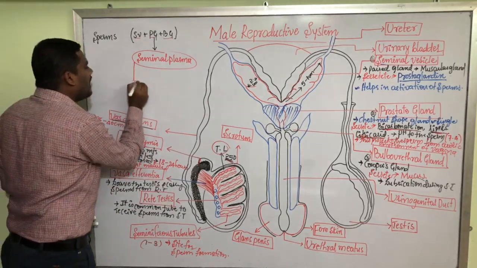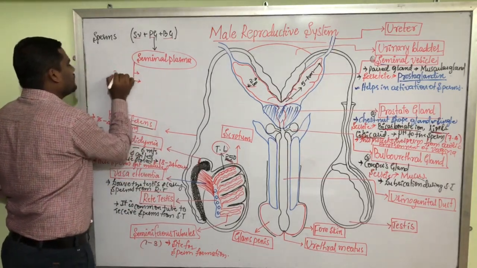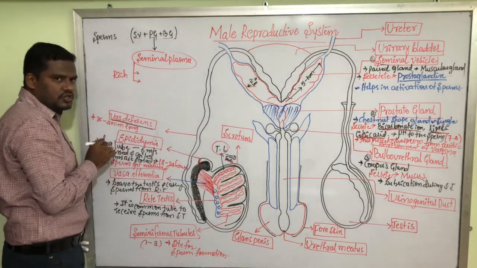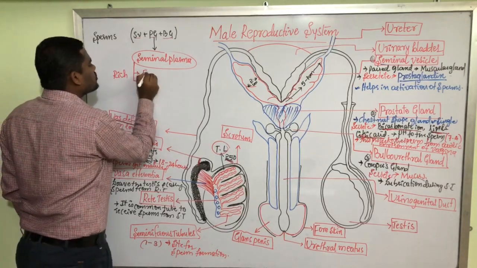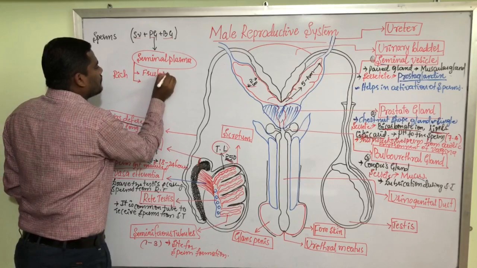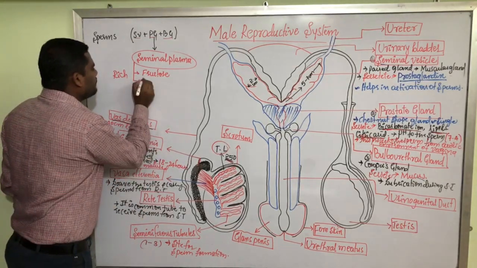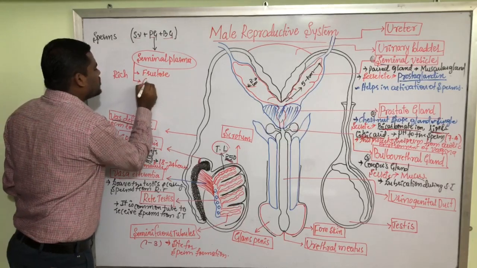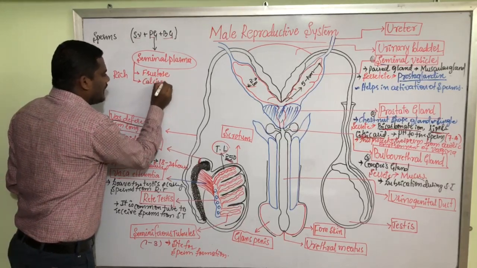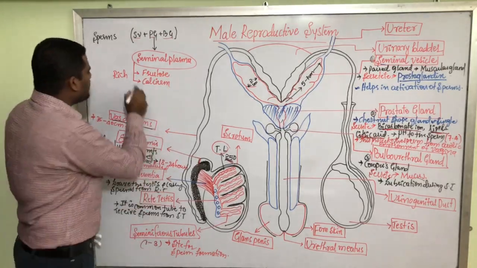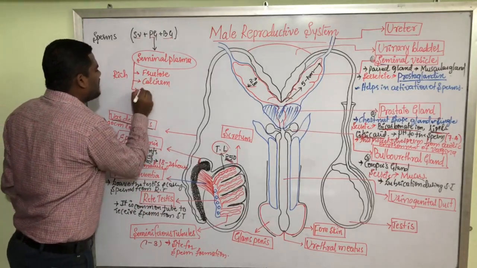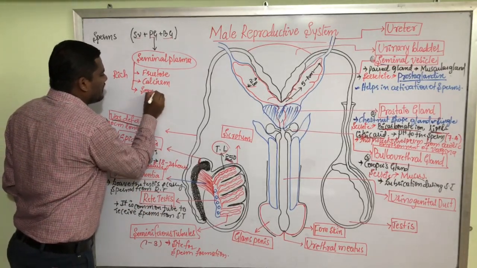Seminal plasma is rich in fructose. Fructose is abundant in the seminal plasma. Then we have the calcium. Calcium is also present in the seminal plasma, and inside the seminal plasma, some enzymes are there.